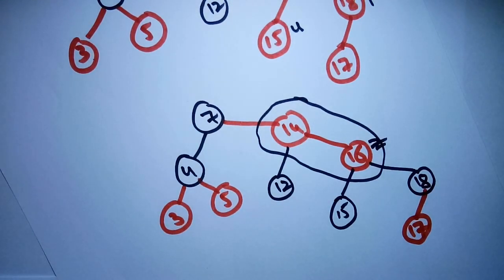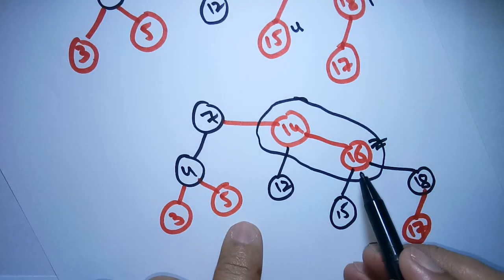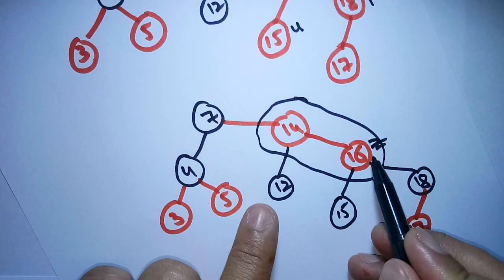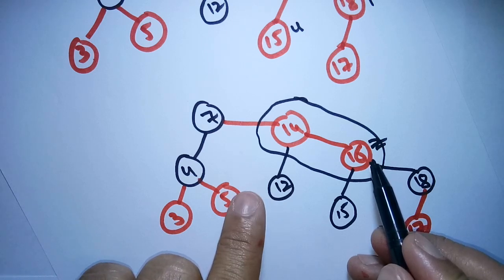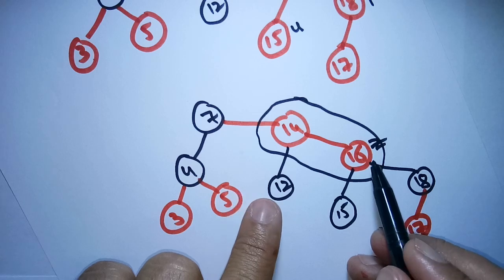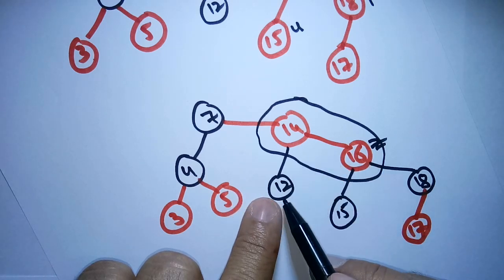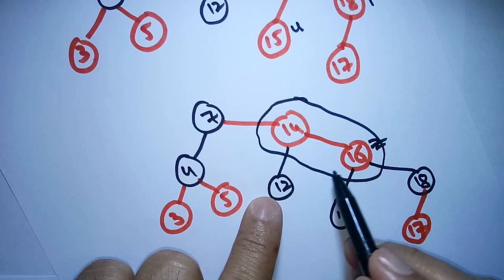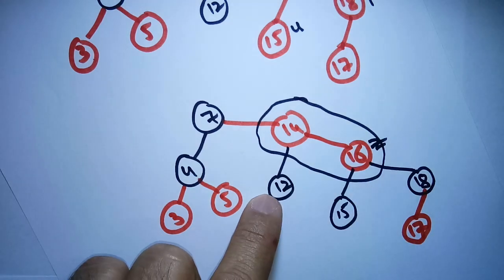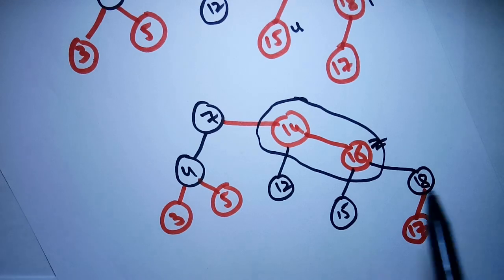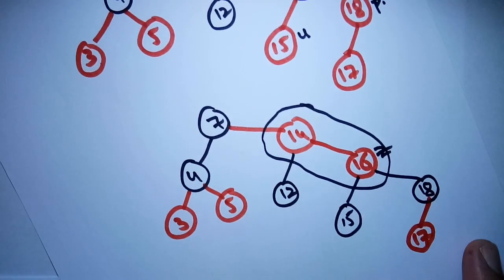So what's the rule? 16 is okay, parent of 16 is 14 and uncle is 12. So who is the uncle of the 16?